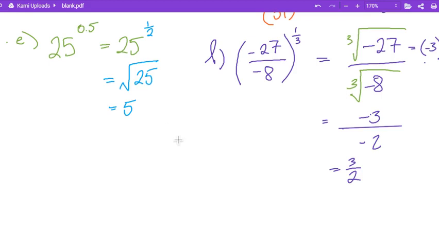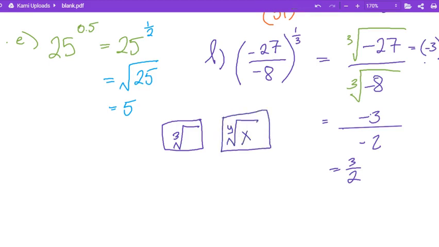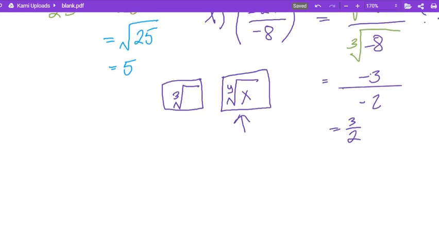Some people might have this button, but the button I really want you to look for might look like this, where you can use any index. Look for that button on your calculator and learn how to use it.